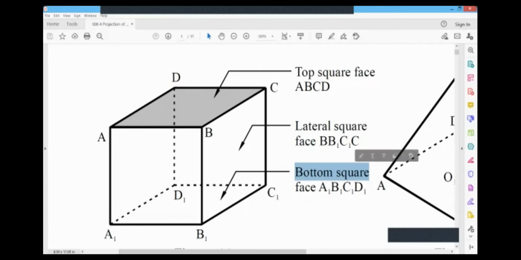A1, B1, C1 and D1. Like this, I am giving four names in such a way that ABCD is the name given for the top plane, and A1, B1, C1, D1 is given for the base plane.